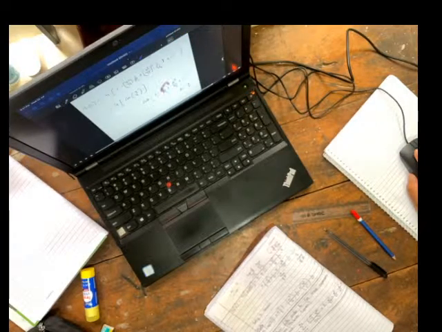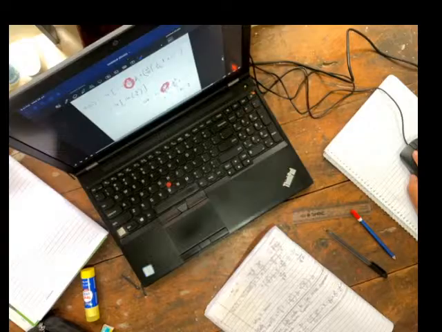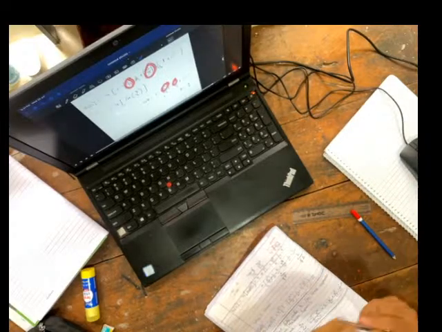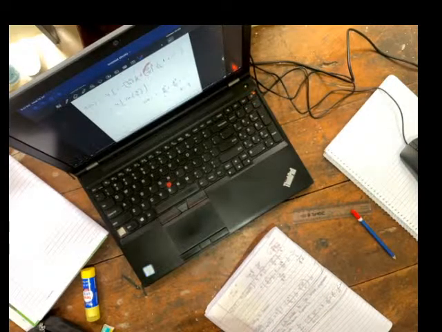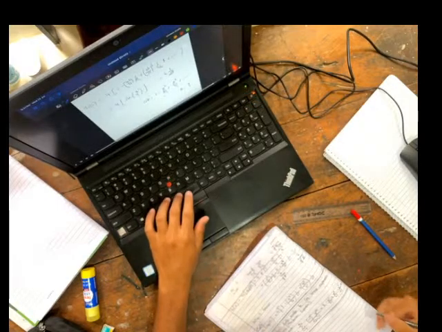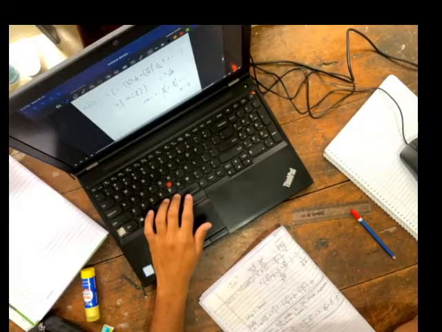You see, theta square is pi square by 16, theta to the power 4 is pi by 4 to the power 4. If you write it, it will become pi by 4 to the power 4 upon factorial 4, and so on and so forth. So it's like the cosine series. So 4 cos pi by 4 is 4 times 1 by root 2, cos 45, which is 2 root 2.